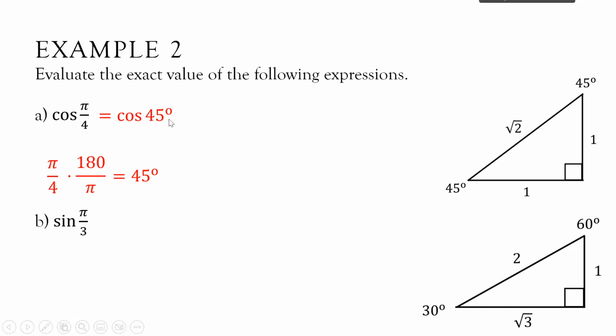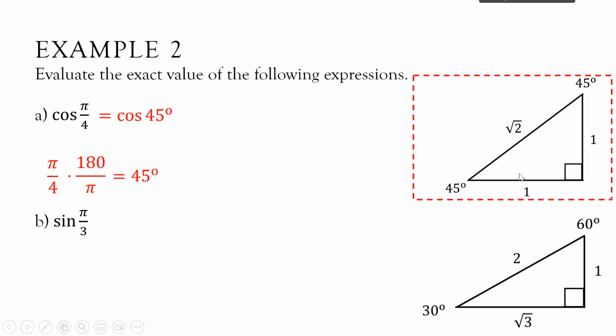Alright, so now we've done a lot of the hard work already. Cosine of 45, I'm going to look at the triangle that has 45 degrees. So I'm going to focus on this top triangle, and focus on one of the 45s. It doesn't matter which one because you'll get the same result either way. Well, we remember that cosine is adjacent over hypotenuse. So adjacent to 45 is 1. And then the hypotenuse is the square root of 2.